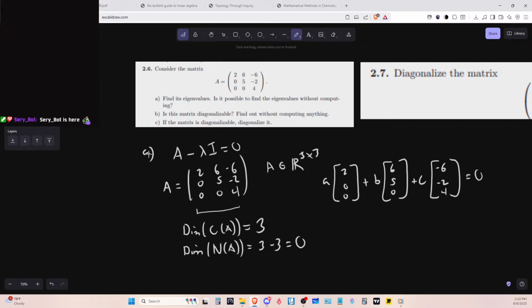I mean, if this triangle right here was zeros, that would make it pretty obvious, but at the same time, is there any manipulation we have to do? It says without computing, so is there a way we can just look at it and find them?